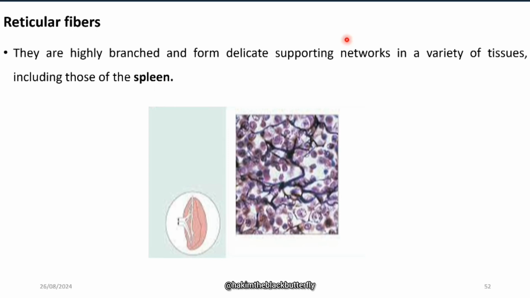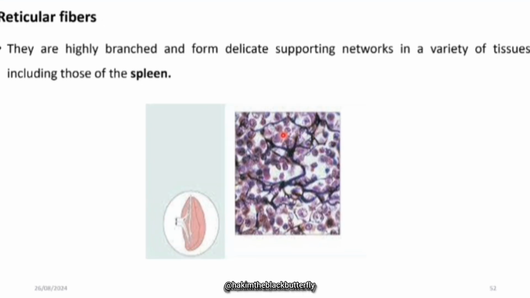So apart from providing supportive networks, these mesh network patterns formed by these fibers are going to easily allow the trapping of foreign bodies for destruction in your spleen and in your liver.